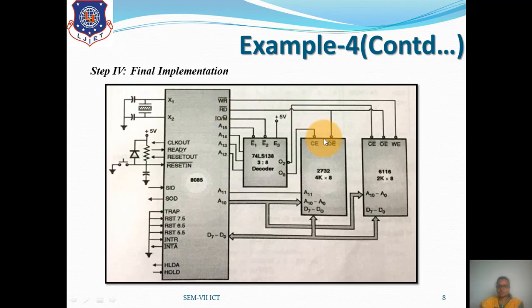So read bar is given to both ROM and RAM, and write bar is given directly to the RAM, right? And to enable this IC we have given plus 5 volt power supply to E3. Now from A12, A13 and A14, to select these two chips we have two outputs, that is O0 and O2, right? So O0 will be the chip select of ROM and O2 will be the chip select of RAM, right?